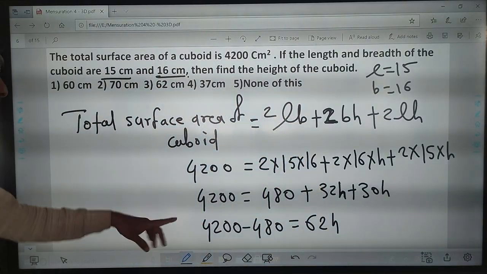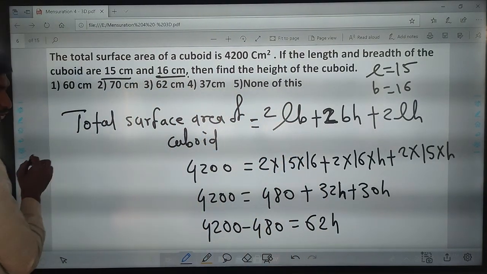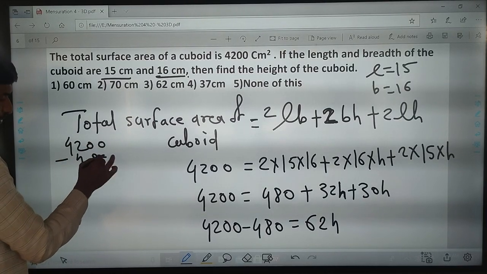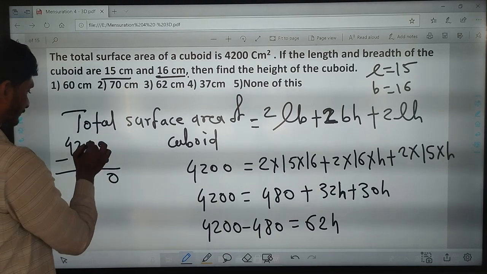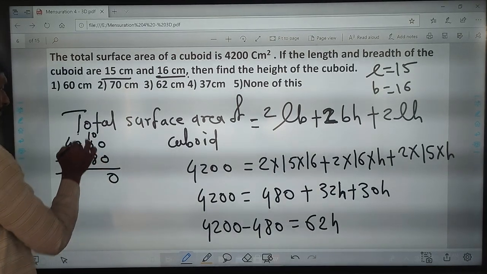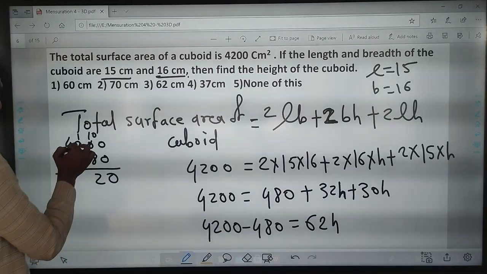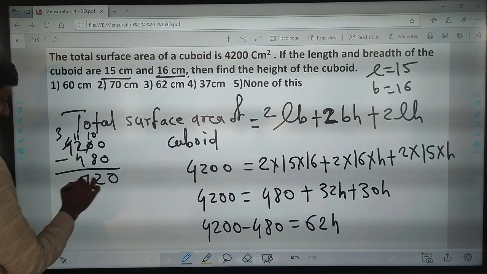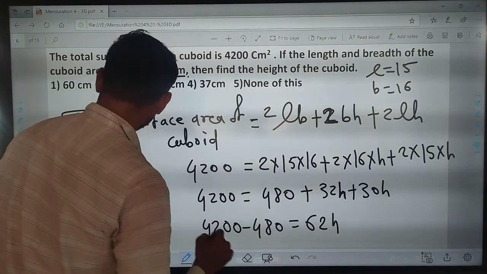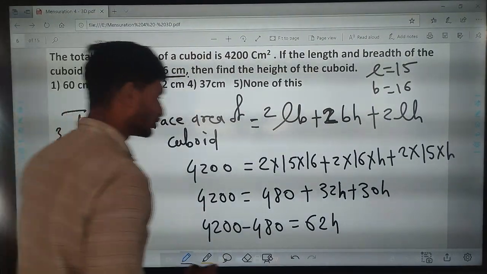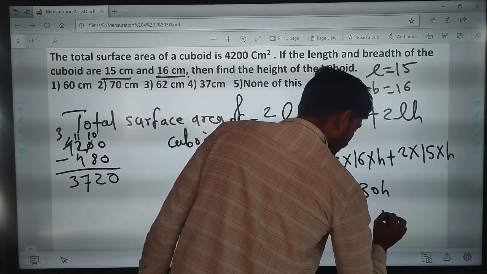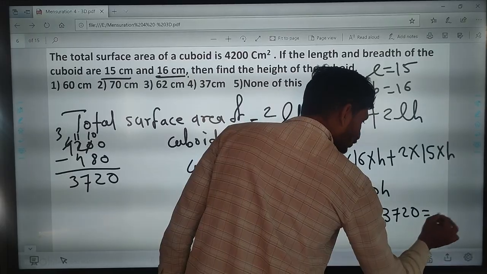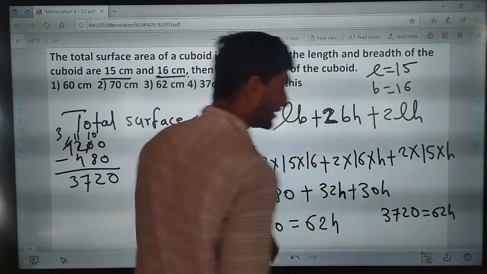Now here take the subtraction of these two. 4200 minus 480 is equal to 3720 is equal to 62H.